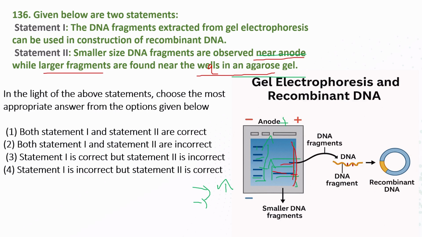If we move on to the first statement, they are saying that these extracted fragments are used in recombinant DNA. Yes, why? Because we do agarose gel electrophoresis to separate the smaller and larger fragments and to separate the DNAs that we need. Actually we'll have a solution of DNA A and B. In that we need only the DNA A molecule.